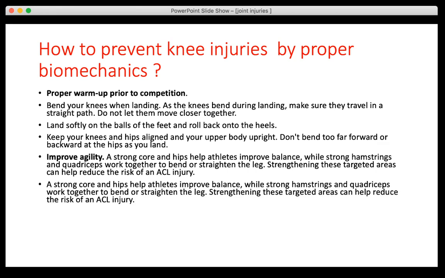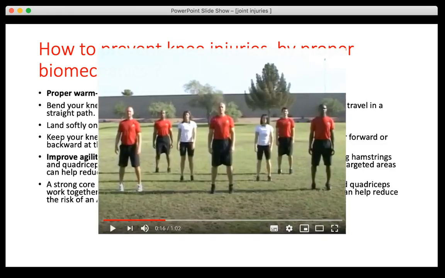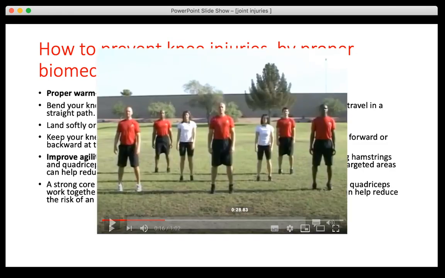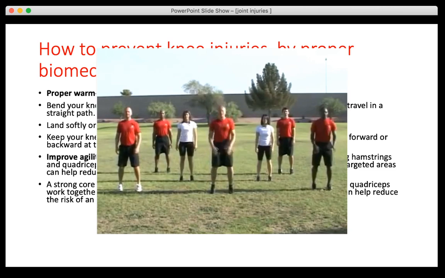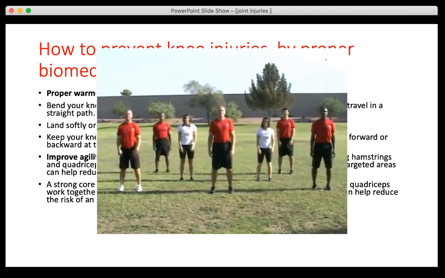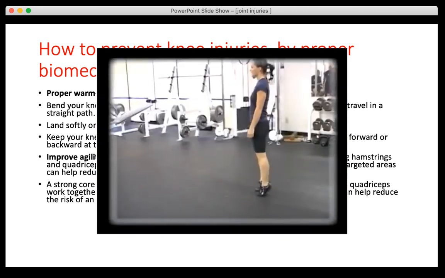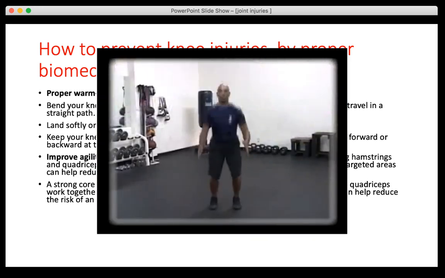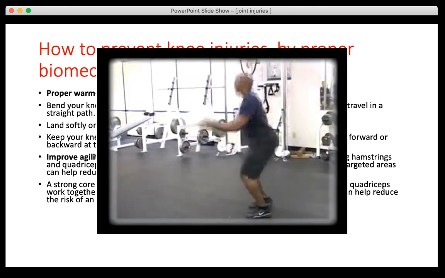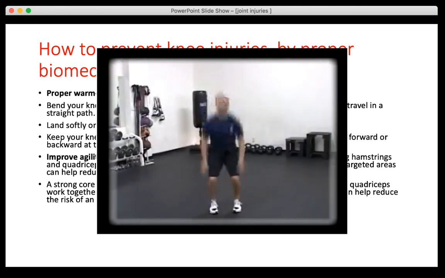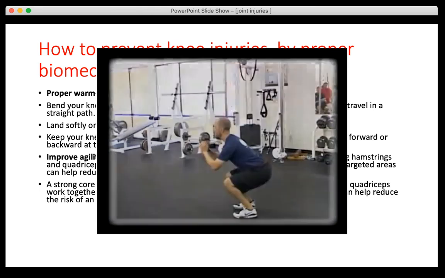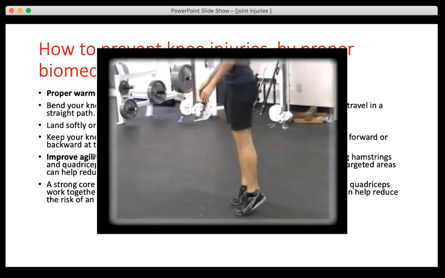Okay. Now I'll show you some workouts which will help you. These are the workouts which will definitely help you strengthen your glute muscles, and this kind of workout will improve your SSC abilities. These kinds of exercises should be done to avoid knee injuries, to have proper technique. See how the bending is happening, perfect bending, perfect landing.